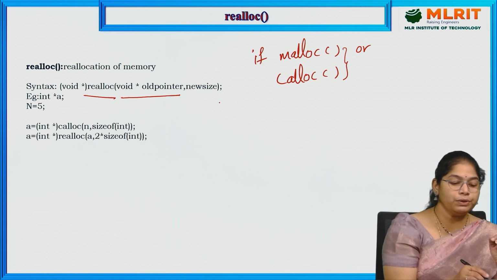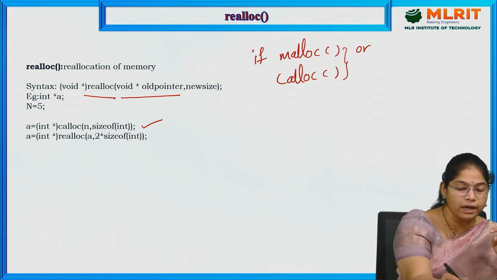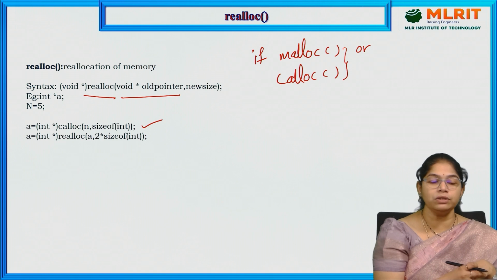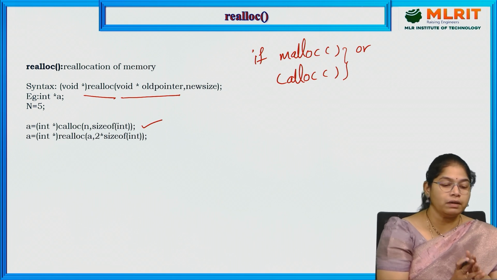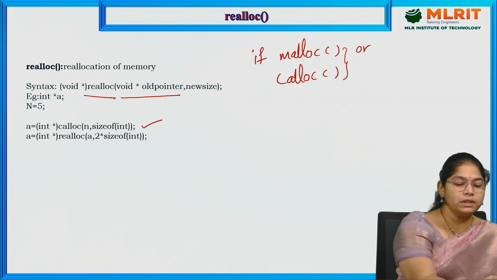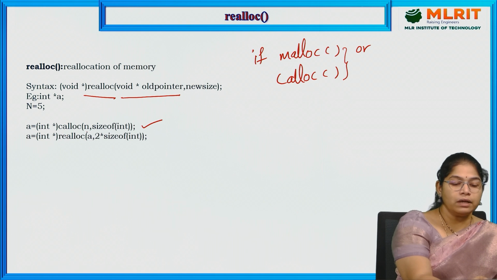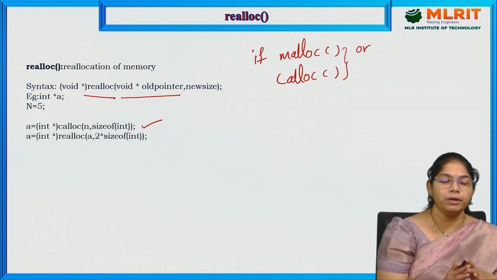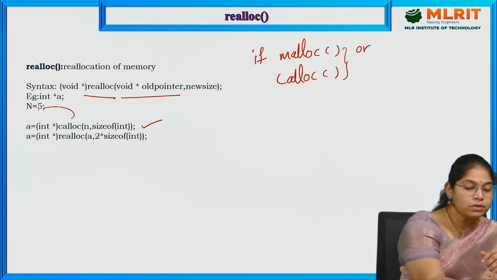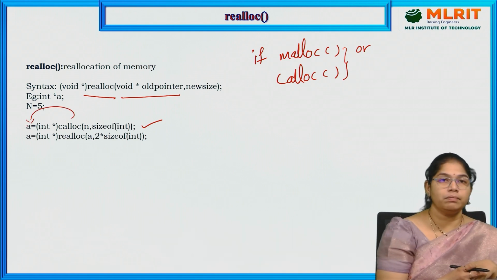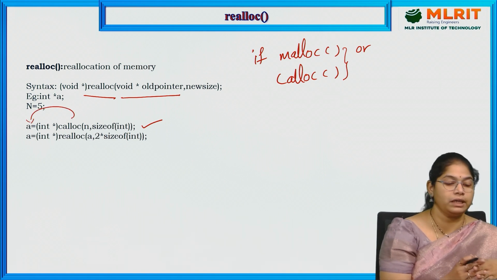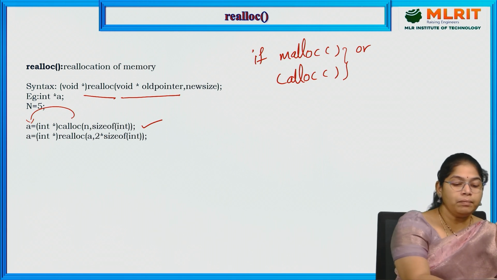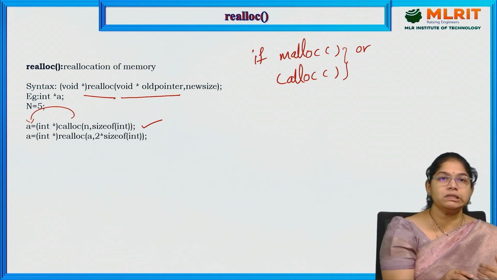Then the new size. So here first I have used a calloc function to allocate the memory in the heap section. Calloc takes 2 arguments, so n comma size of data type. Then this is stored in the pointer variable a, and then I am reallocating the memory, that means resizing the memory.